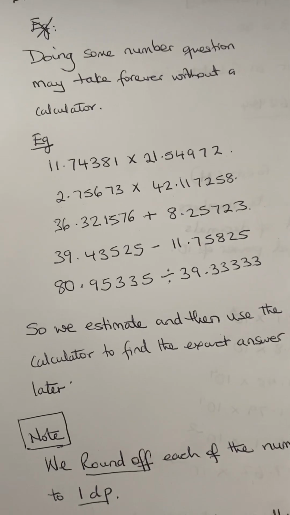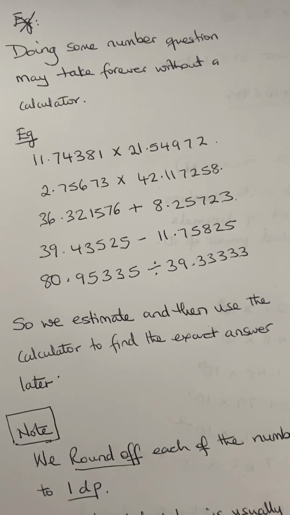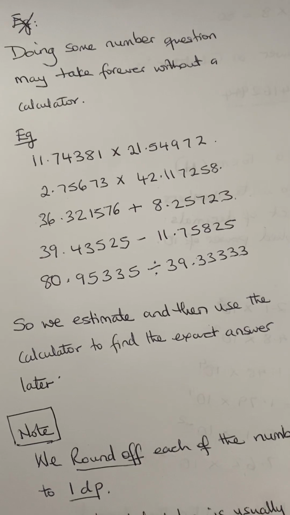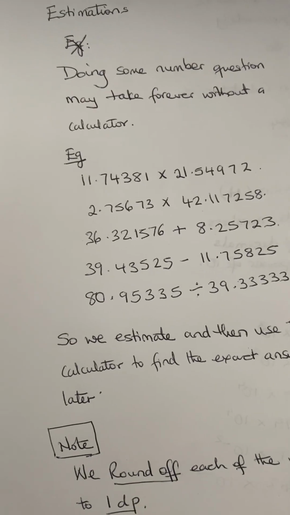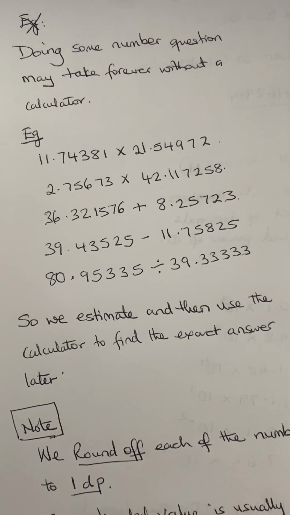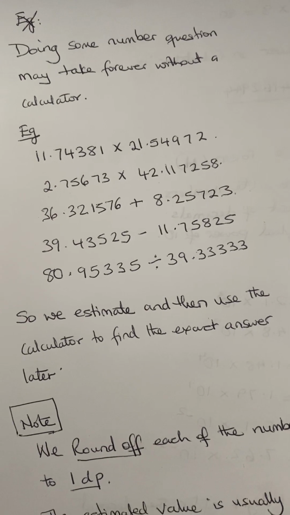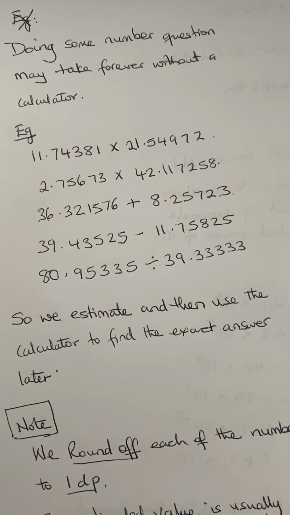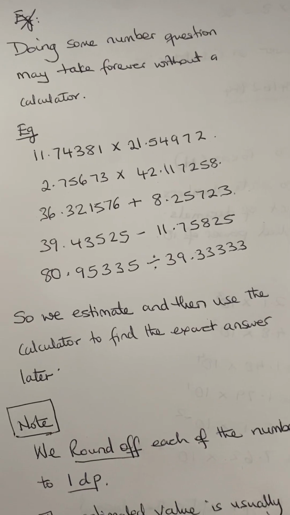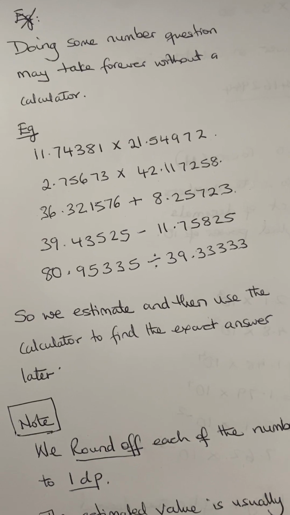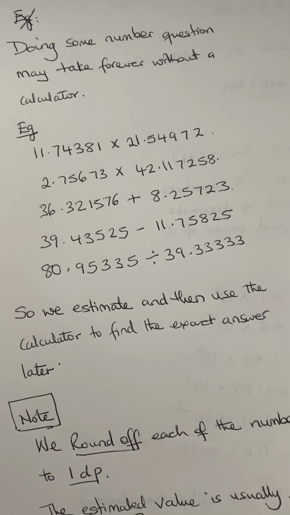So you can round off to 1 decimal place, or you can round off to significant figures, which is easier. For instance, if you have 11.7, if you calculate 12, maybe you are not good, so you can use 10. And if you have 80 point something, or you have 83, you can use 80.